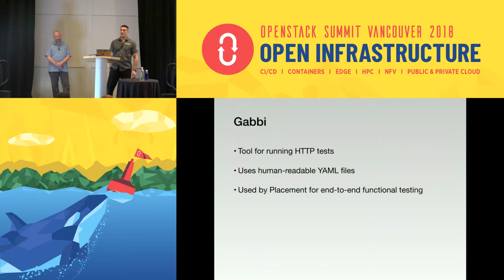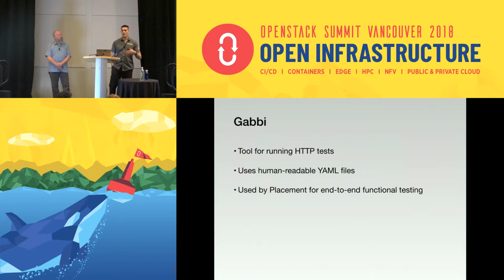So a little sidetrack here. There's a tool called Gabby, and it's a way of running functional tests against an API. It's got some fixture magic going on so that you can issue what look just exactly like HTTP REST requests and get responses in just the same way that you would. You may be used to doing this via curl or whatever.